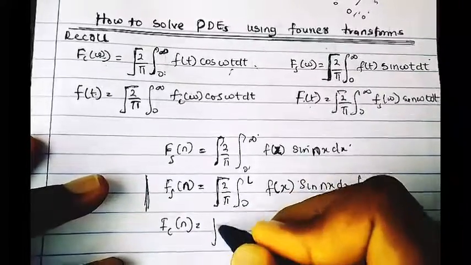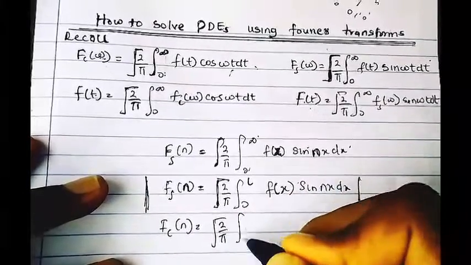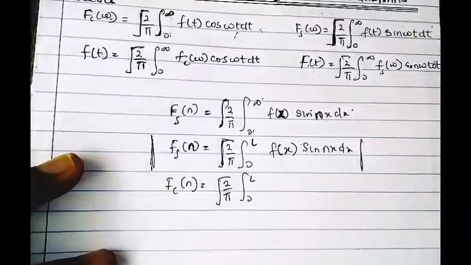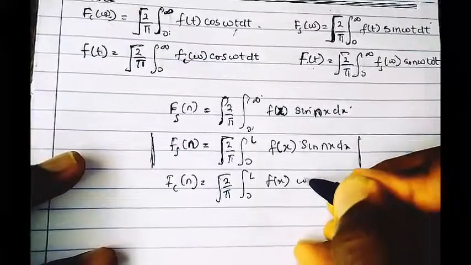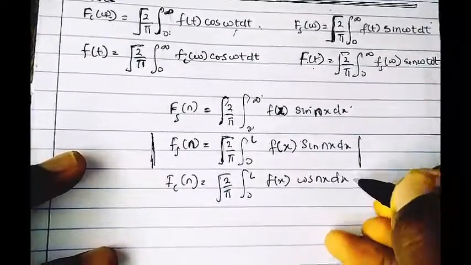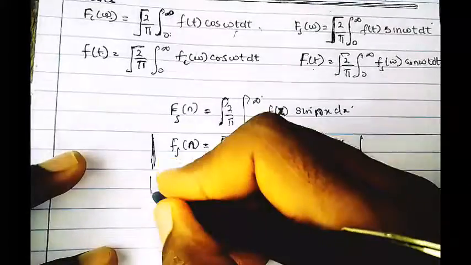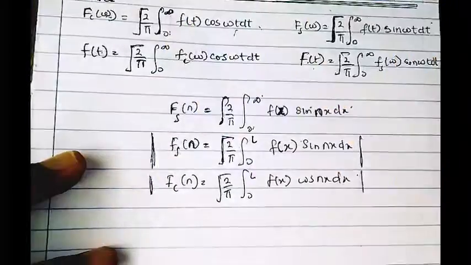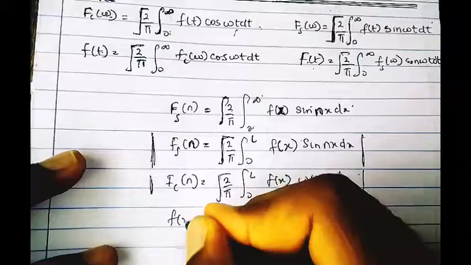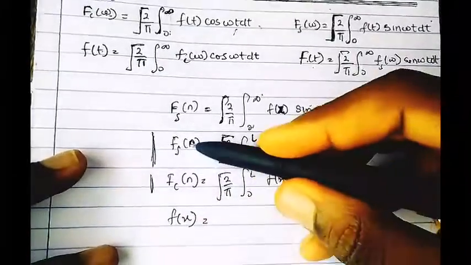This cosine transform can be written as square root of 2 over pi, integral from 0 to L of function of x cos nx dx. Now my function of x is the inverse of this.